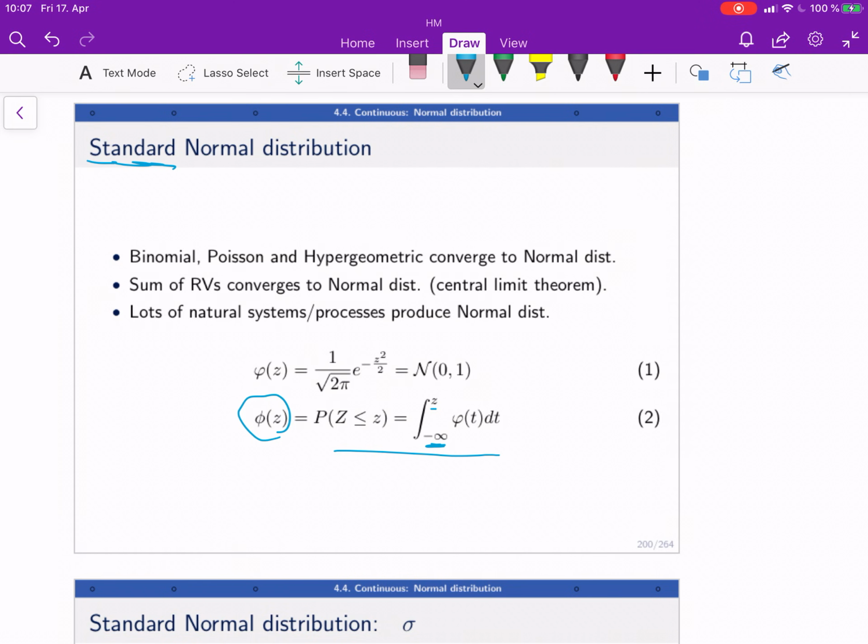So we're going to use the standard normal distribution, sometimes referred to with this symbol N of 0, 1: this is the mean value, expectation value 0, and this is our standard deviation of 1. That looks like that. There's the PDF density, and this is the CDF, the cumulative density.